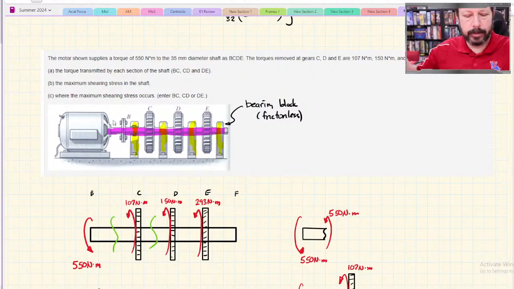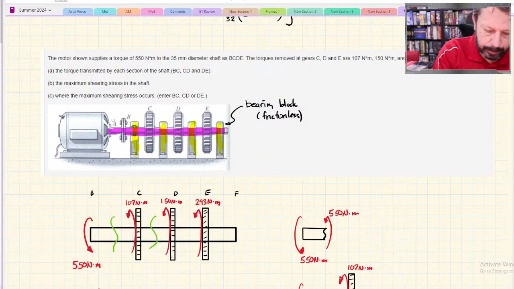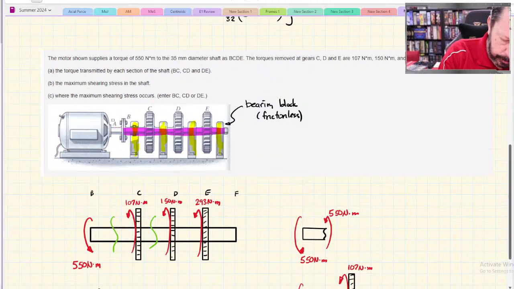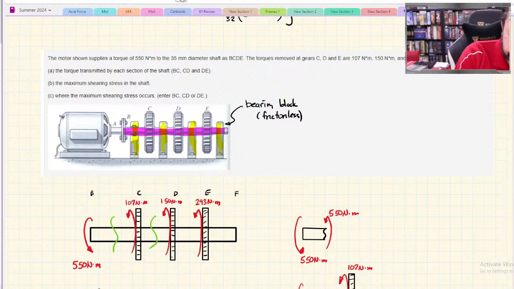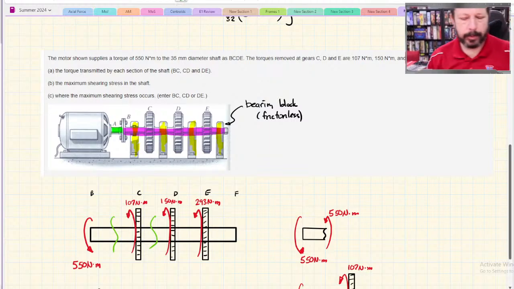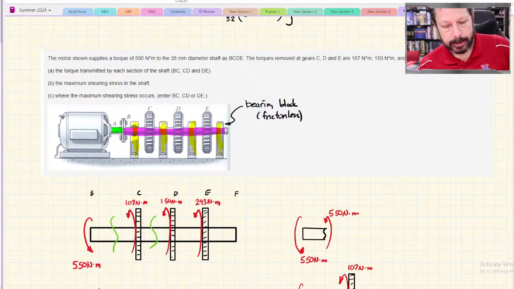It's just a way to connect the pink shaft to the green output shaft of the motor. So that's all it is. And so what we're assuming is that there's no torque loss there. So if I were to draw the torque in section AB, it would just be whatever torque's coming out of the motor.